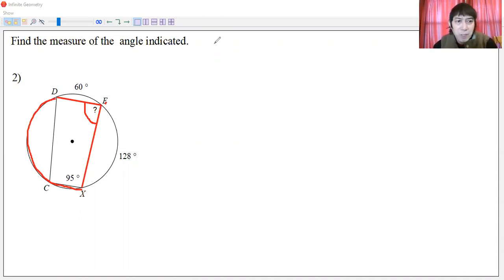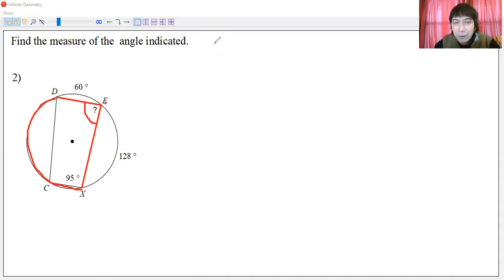All right, so we shall get arc XCD first. How can we get arc XCD? All right, let me compute that. We have arc DE, that's 60. We have arc EX, that's 128.